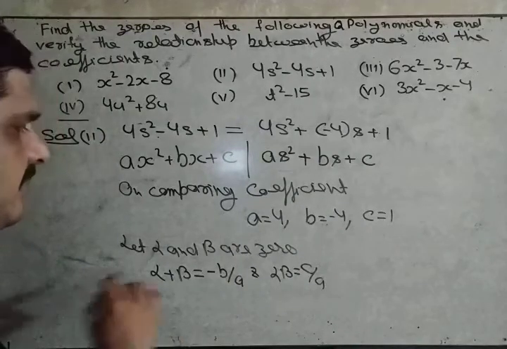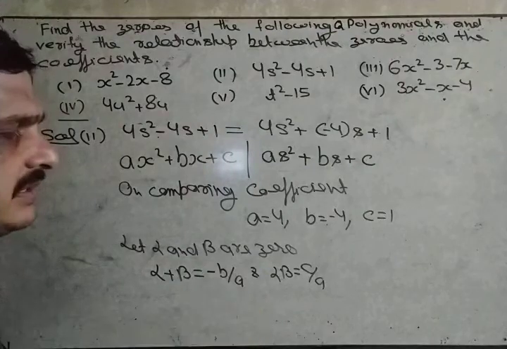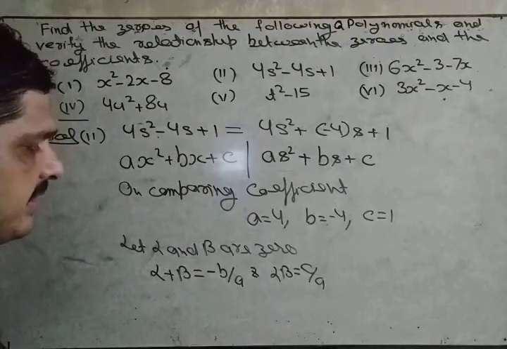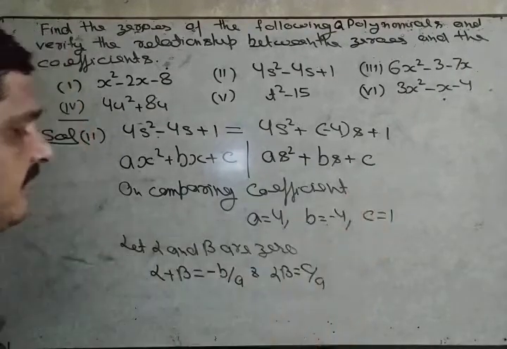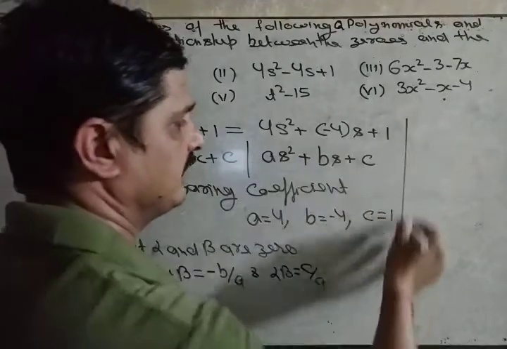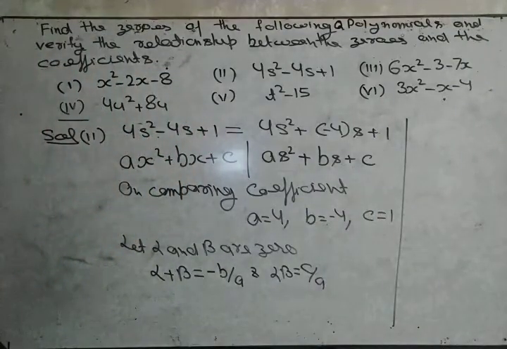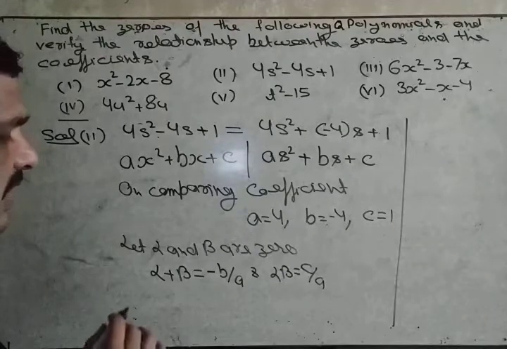We need to verify if alpha and beta are the zeros, and what are the alpha and beta. For that we have to split the equation by middle term splitting. We can find out the alpha and beta.